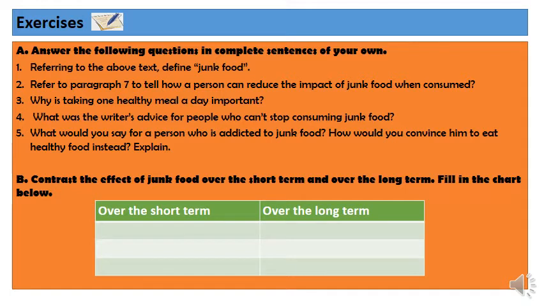What would you say to a person who is addicted to junk food? How would you convince him to eat healthy food instead? Explain. If I wanted to convince a person to stop eating junk food, I would ask him to read this selection. The text that we have read is rich with information about the negative effects of junk food.